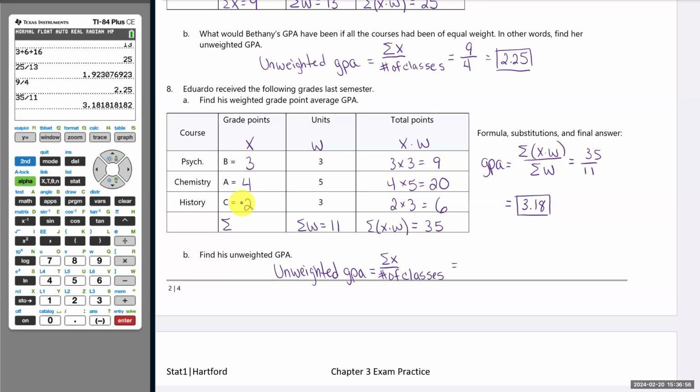So I'm just going to add the points disregarding the weights. And that looks like 9 points. And in this case, the student is taking 3 classes. And 9 divided by 3 is 3. And I like putting the 0.00, so it looks like a GPA, which we often round to 2 decimal places.